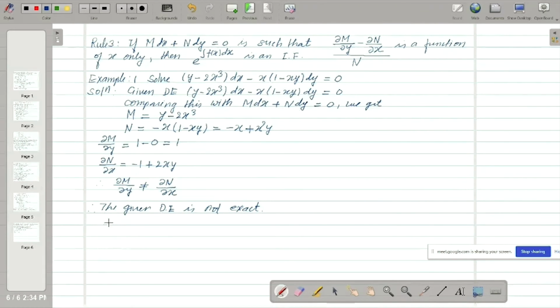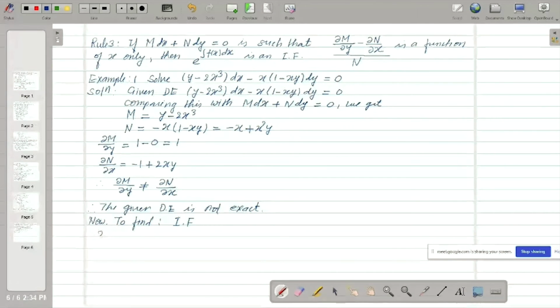So to find the integrating factor, okay, this is not the integrating factor, this is the expression. Your integrating factor is this. So we first find this expression.